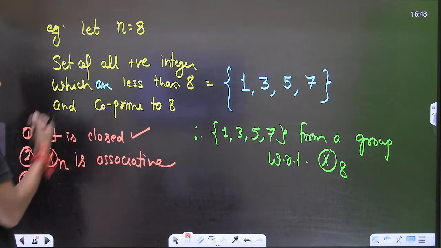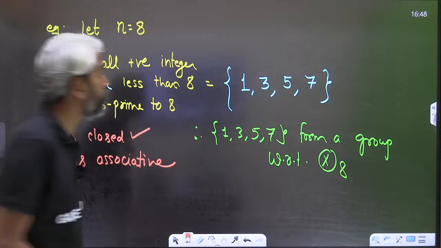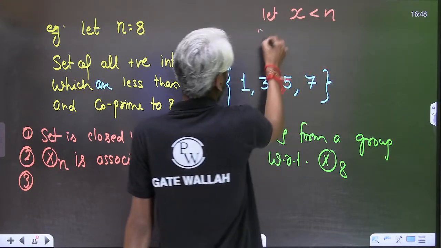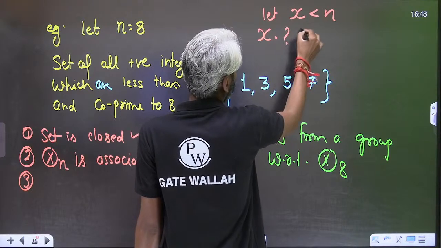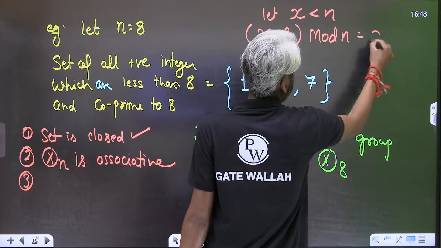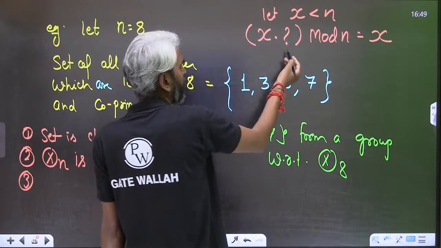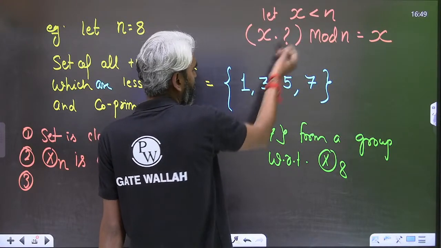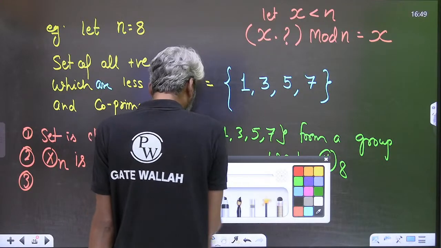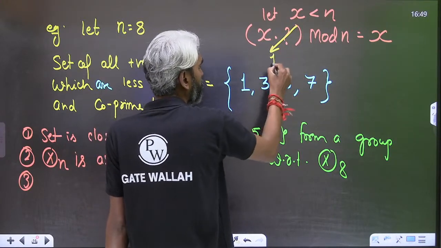The identity element will be 1, because if x is less than n, then x multiplied by what and divided by n, the result should be x. If x is already less than n, then it remains x, and if you divide it by n, the remainder will come out as x only. So this question mark must be 1.